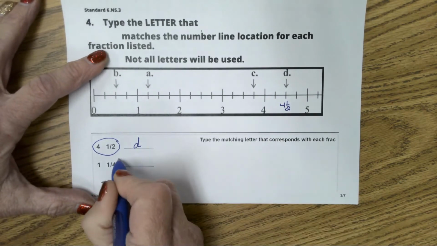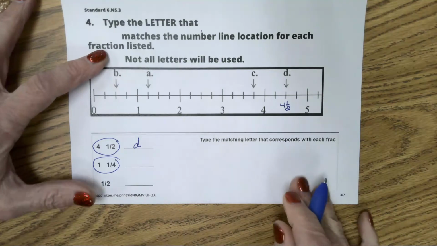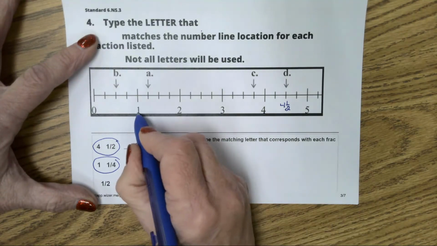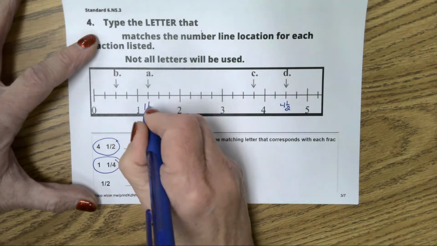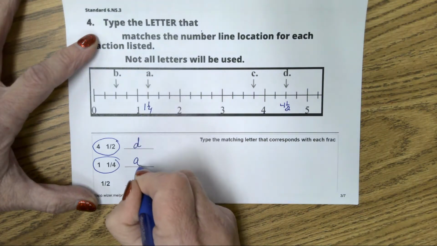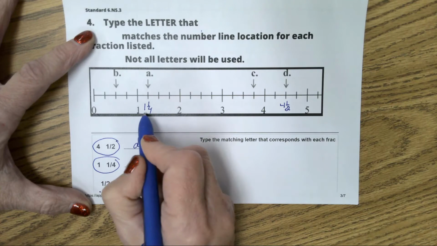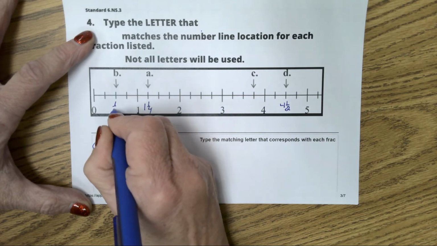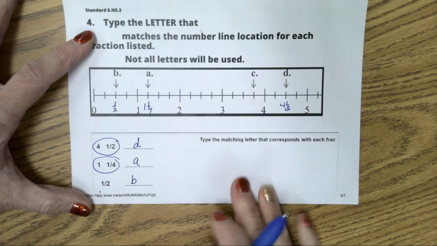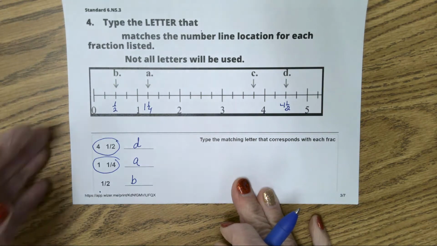This is 1 1/4. 1 1/4 is letter A. Between 0 and 1, this is 1/2, and that is letter B. Let's see if there are any others on the next page. Oh, and then we have 3/4.